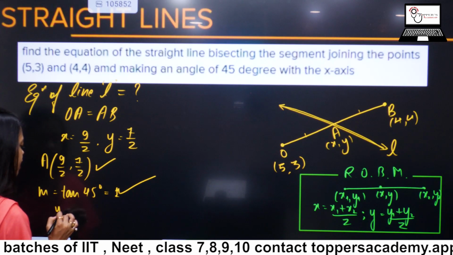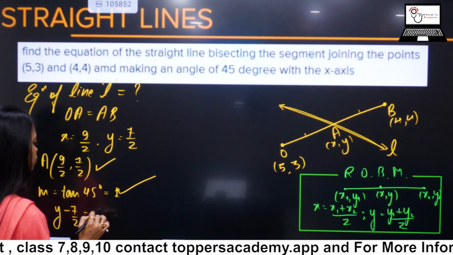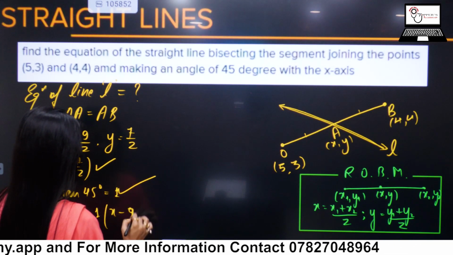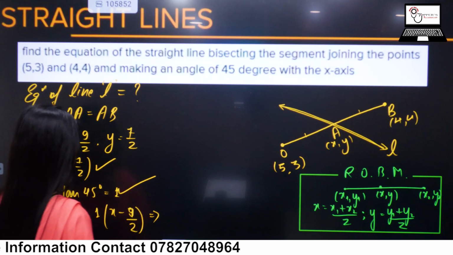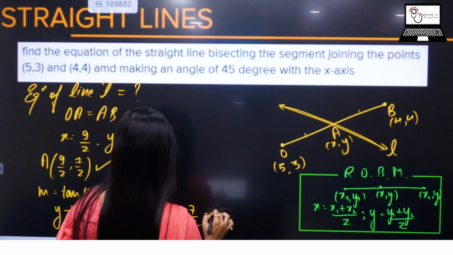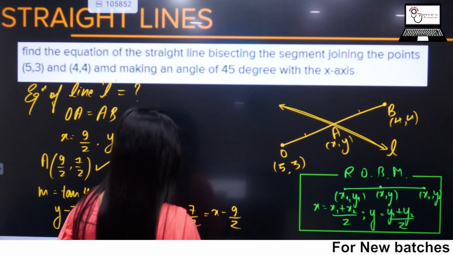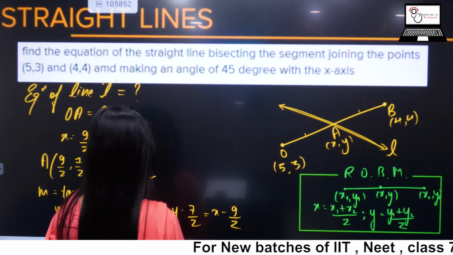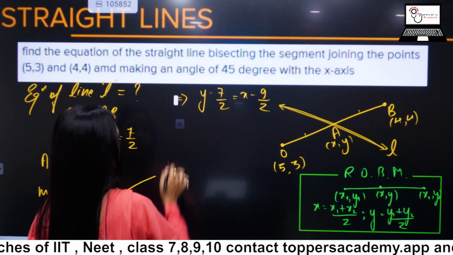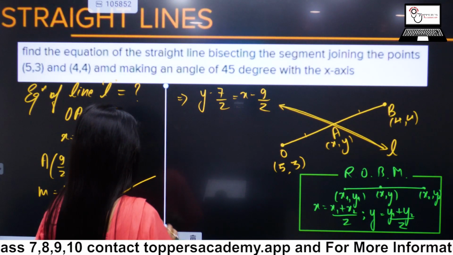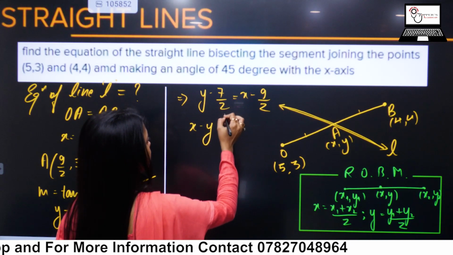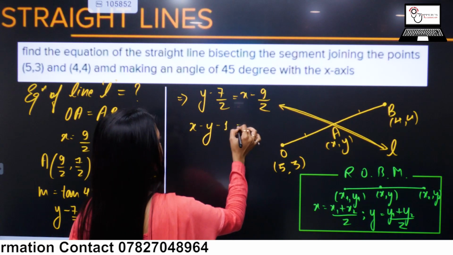That is y minus y1 is equal to slope times (x minus x1), which is y minus 7 by 2 is equal to x minus 9 by 2, which means this becomes x minus y minus 1 is equal to 0.